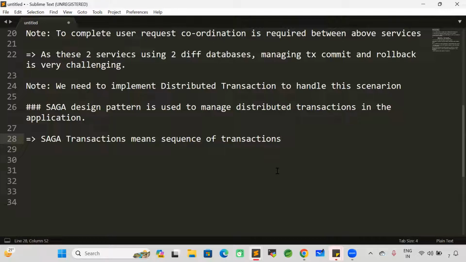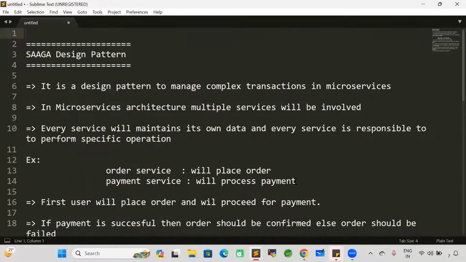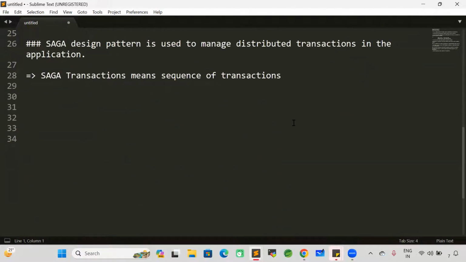SAGA pattern is used to simplify distributed transactions in the microservices architecture. Are you guys clear? SAGA is used to simplify distributed transaction management in the microservices based applications.